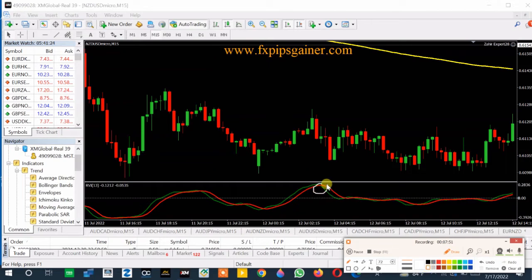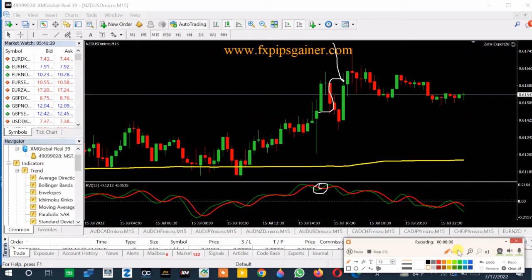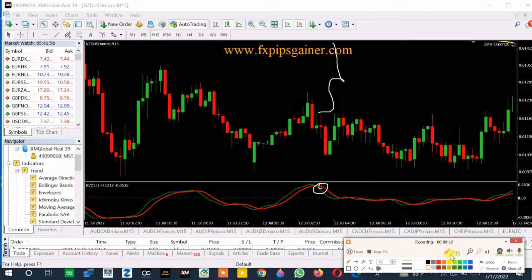Do we need to take this sell opportunity? I think no, because the price is very far and the 200 EMA is very far from this area. We do not take this opportunity because the 200 EMA is very far from the price.